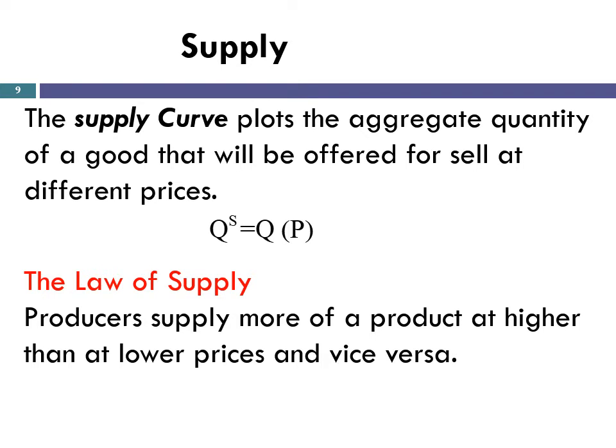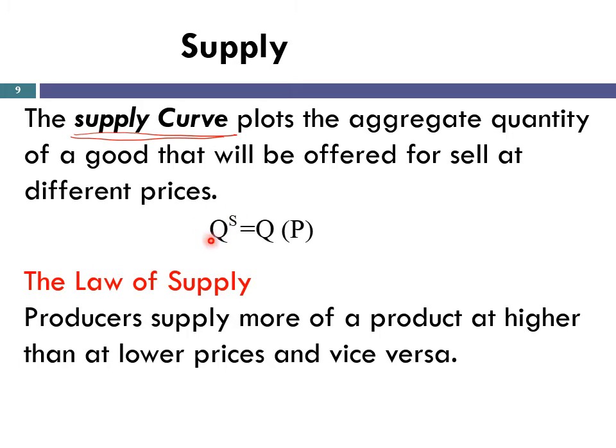And we represent this relationship with the supply curve. Similar to the demand curve, the supply curve plots the aggregate quantity of a good that will be offered for sale at different prices.